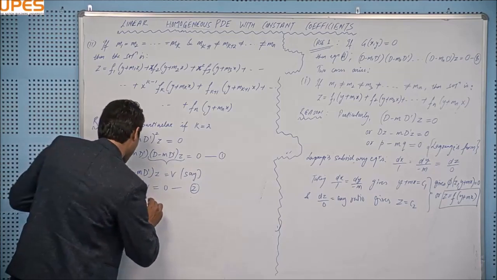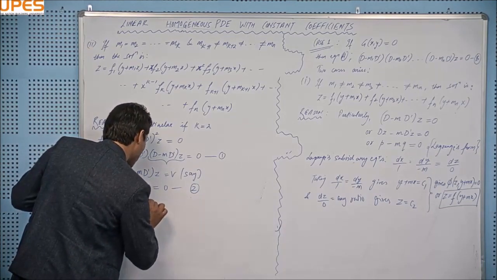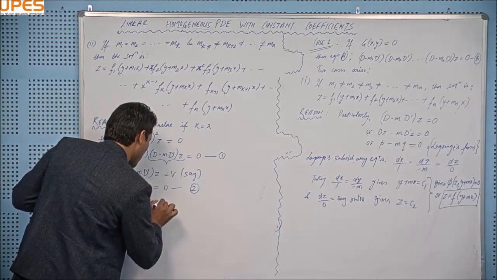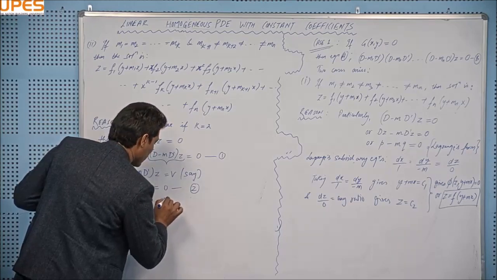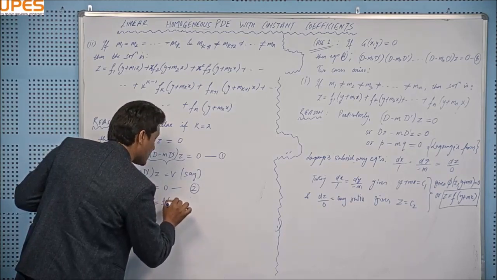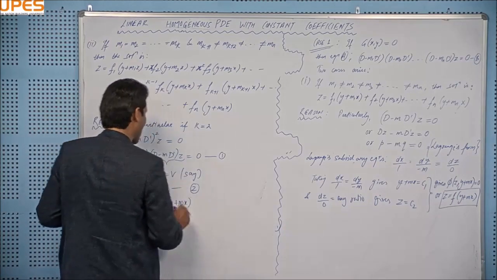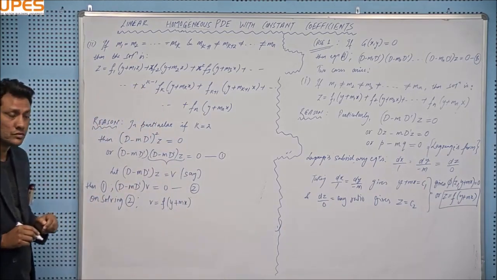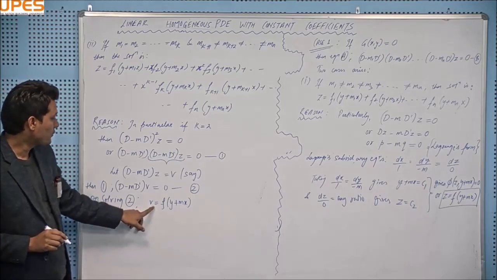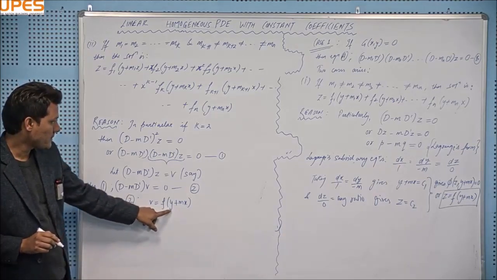I will just write the solution directly. On solving, I get v = f(y + mx) as a solution of this equation number 2. Now I've got the value of v.